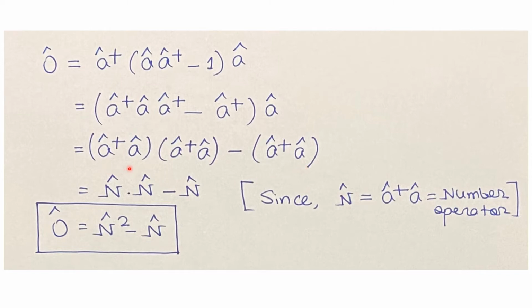So we have taken this a cap dagger a cap in the parenthesis in each case. Now we can identify this a cap dagger a cap is basically our number operator, that is the n cap operator. So we'll write this as n cap times n cap minus n cap. So basically our O cap operator in terms of the number operator is n cap square minus n cap.